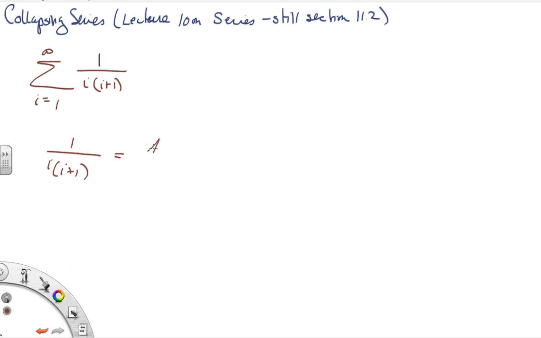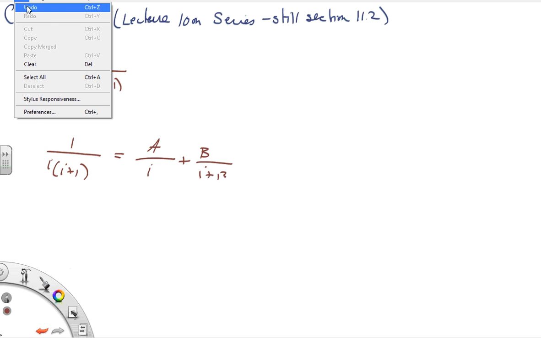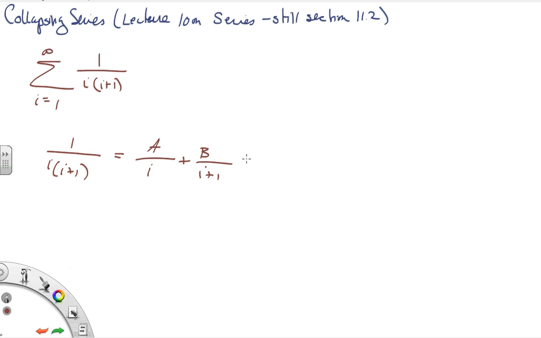This is going to be some constant A over I plus some constant B over I plus 1. And that can be written as A times (I plus 1) plus B times I, over I times (I plus 1).